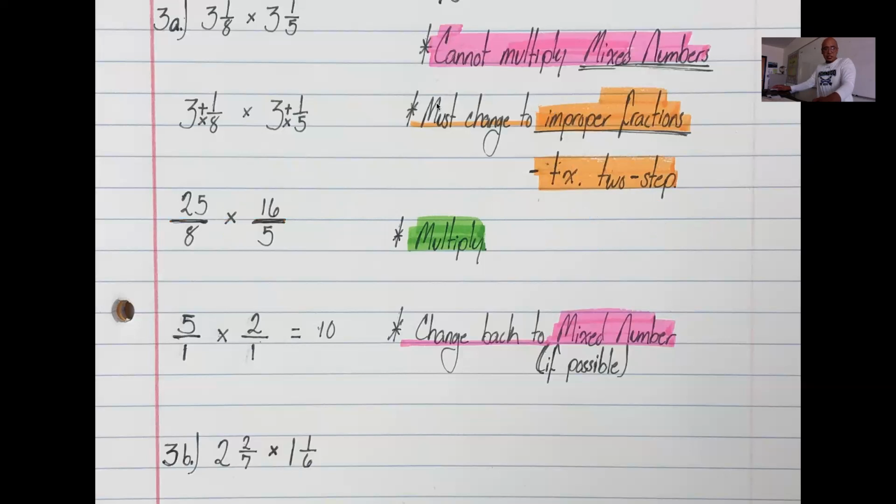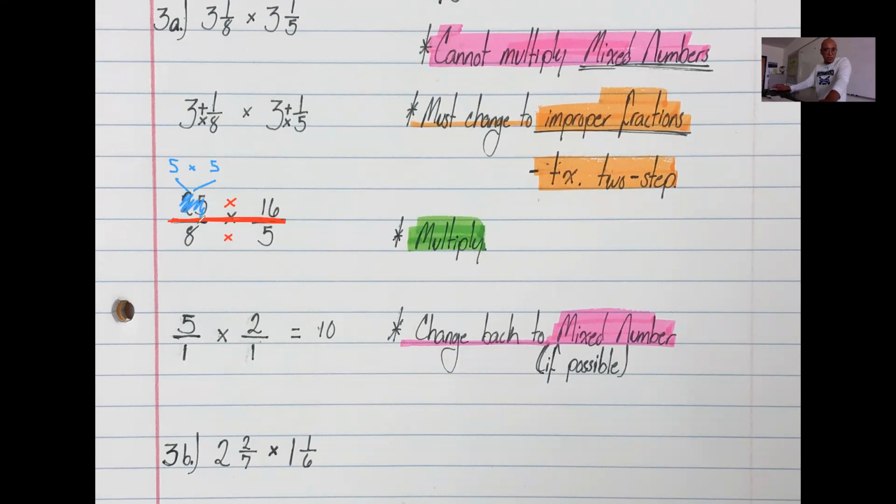Having said that, you will notice, ladies and gentlemen, that in this example over here, it doesn't seem like we have anything in common. There are no 25s in the denominator, no 16s, no 5s in the numerator, or is there? In fact, we can see that there is a 5 in the numerator because 25 is the same thing as 5 times 5.